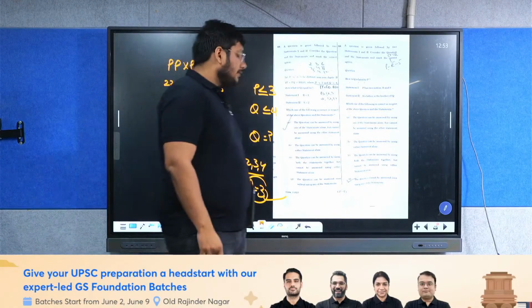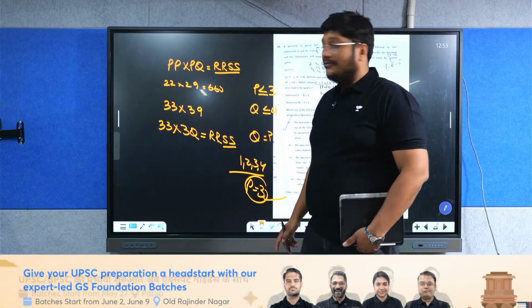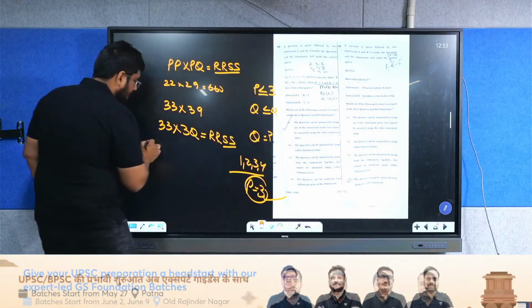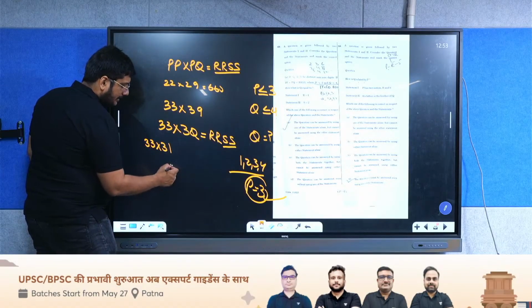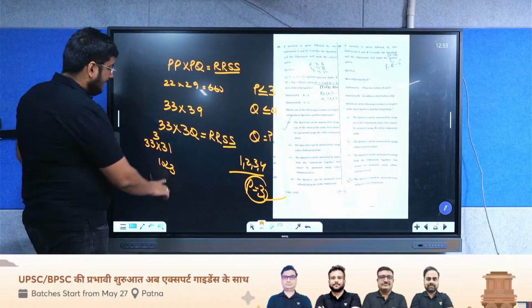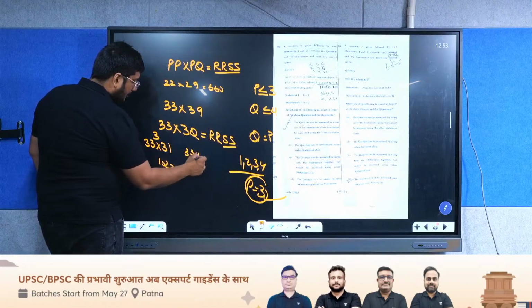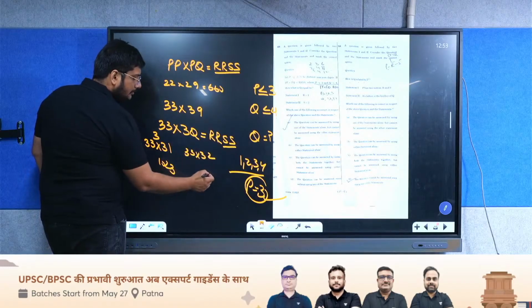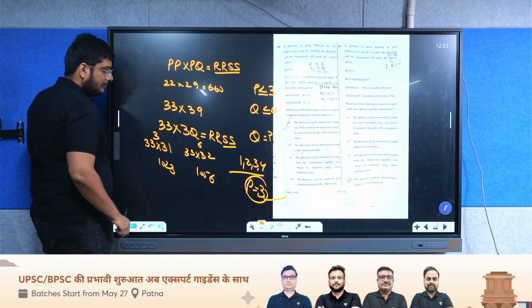Now I need the same digits in pairs. If I take 33 into 31, that is 1023, but I need same digits, so not possible. 33 into 32 is 1056, again not possible.